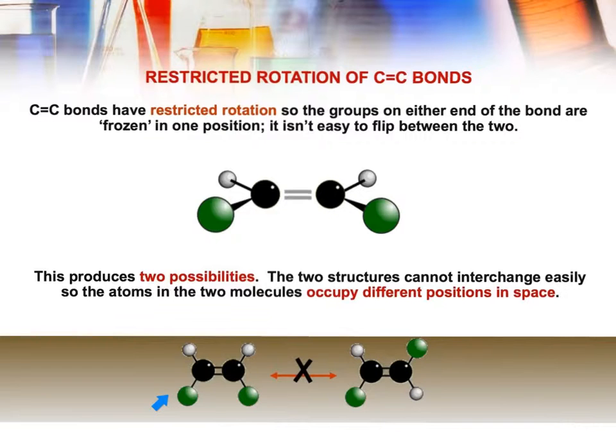We can have those atoms on the same side of the double bond, or we can have those atoms on opposite sides of the double bond. So the two structures cannot be interchanged easily, and they occupy different positions in space. Therefore, they are completely different chemical compounds with different properties.